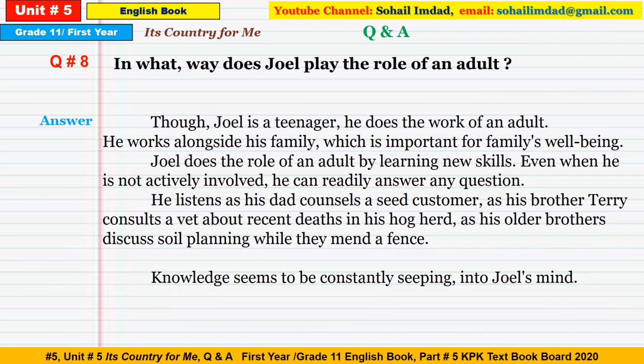Even when he is not actively involved, he can readily answer any question. He listens as his dad counsels a seed customer, as his brother Terry consults a vet about recent deaths in his hog herd, as his older brothers discuss soil planning while they mend a fence. Knowledge seems to be constantly seeping into Joel's mind.